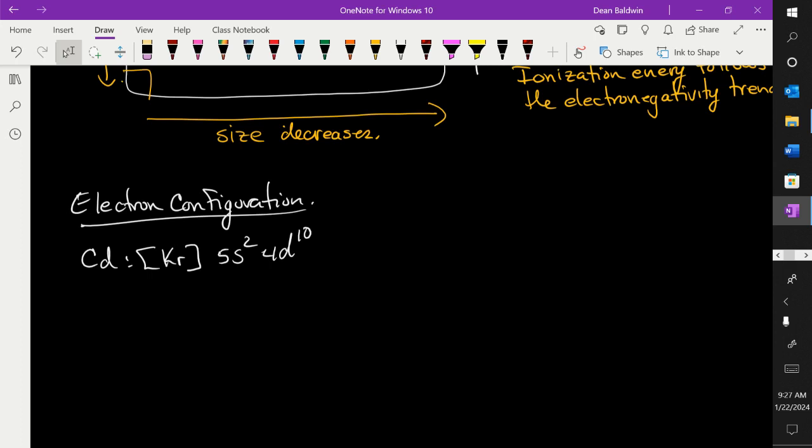I can also give you something like, if I give you argon 4s2 3d10 4p3, what atom is it?